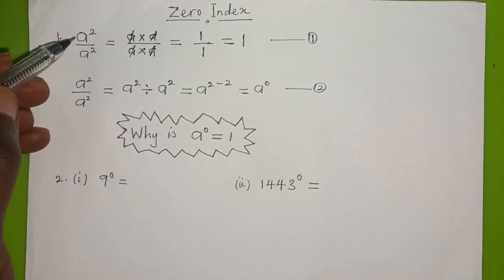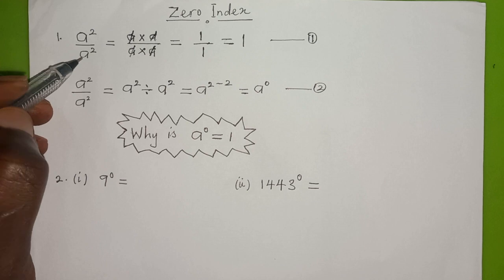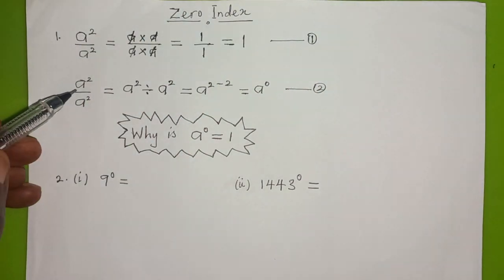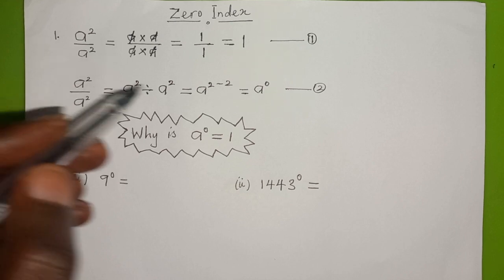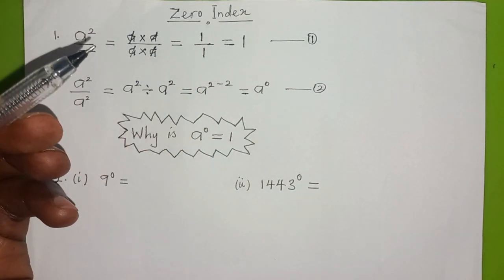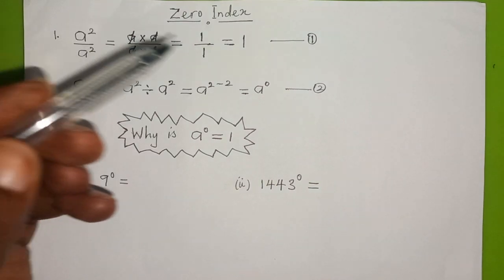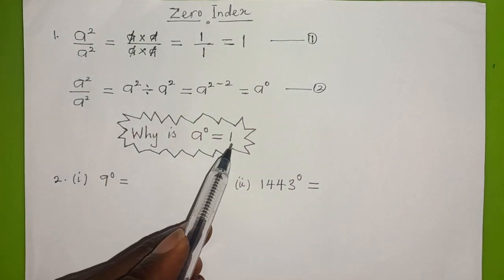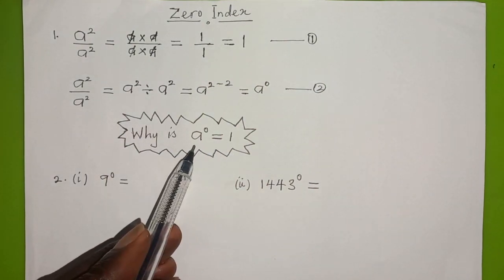Now, if a raised to the power 2 divided by a raised to the power 2 is equal to 1, and the same expression is equal to a raised to the power 0, then logically we can just say that a raised to the power 0 is equal to 1, and that is what we have here. As simple as that.